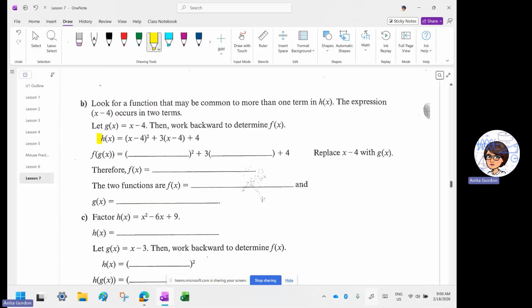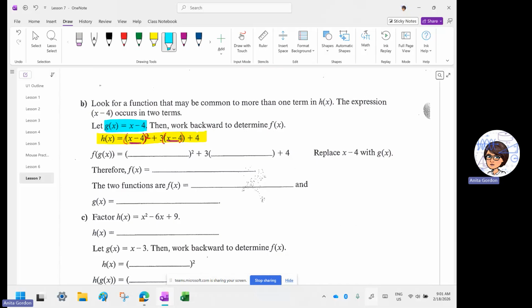look at this h. This is a quadratic. I see something squared, and I see something, and I also notice that the two brackets are the same piece. So again, let's have the inside function be that bracket, right?